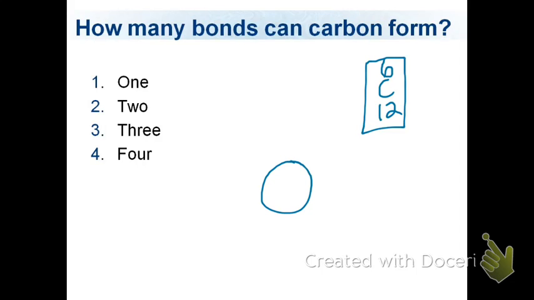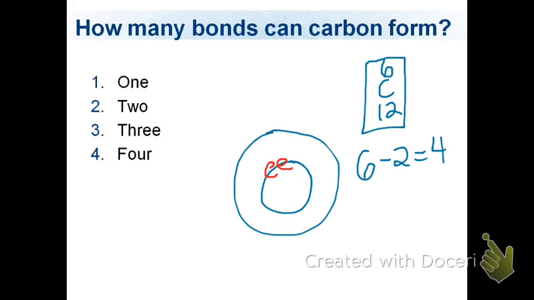I'm hoping everybody is saying 2 electrons. How many can fit in the second shell? Well, we could have a total of 8, but think about the fact that we have 6 electrons. You can use your fingers if you want to. You just put 2 of those electrons into the first shell, so you've got 4 electrons remaining. So there's only going to be 4 electrons in the outer shell.